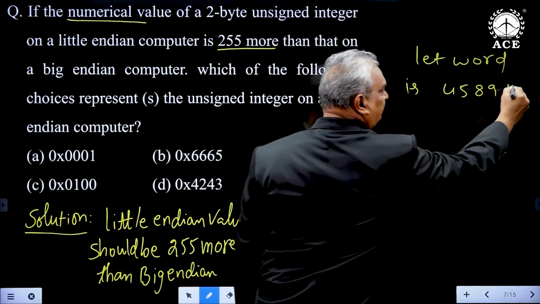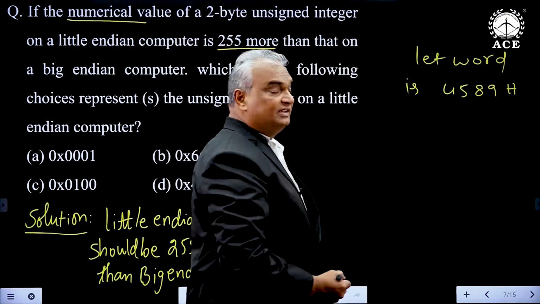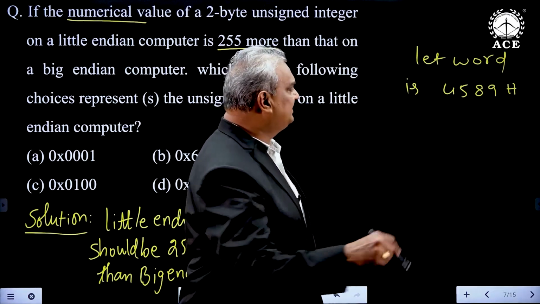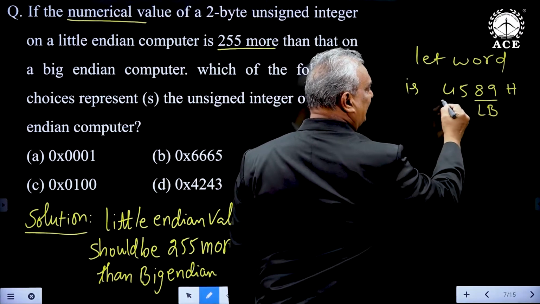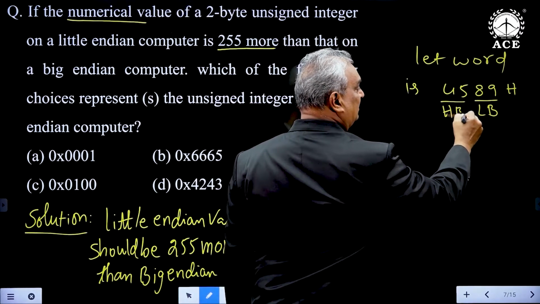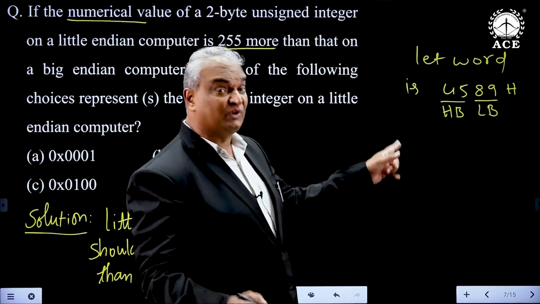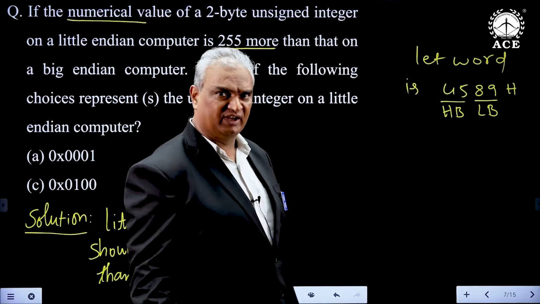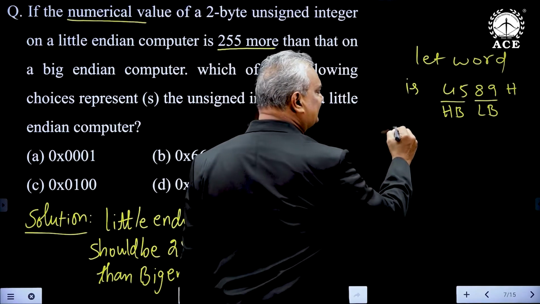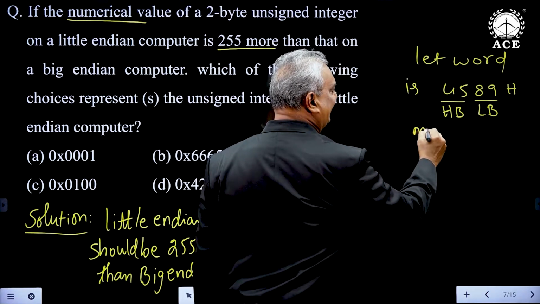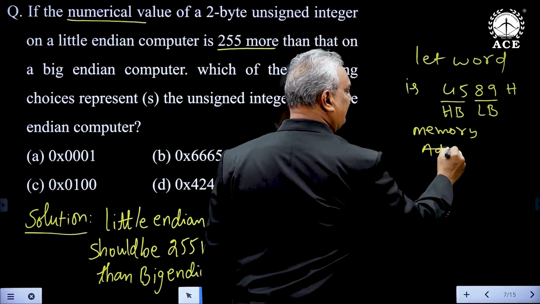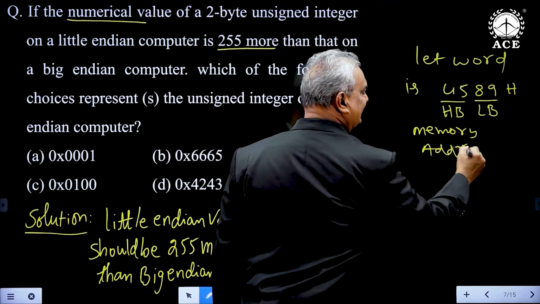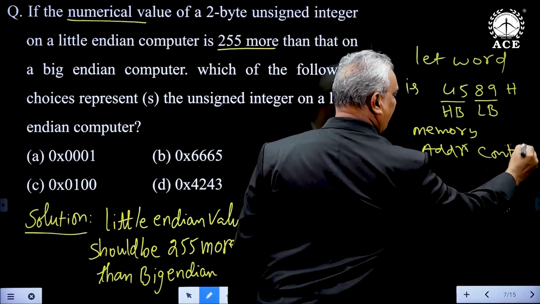Hexadecimal. 16-bit data. In this, it is known as a lower byte and it is known as higher byte. If you want to store this one in memory, let memory address and contents are like this.